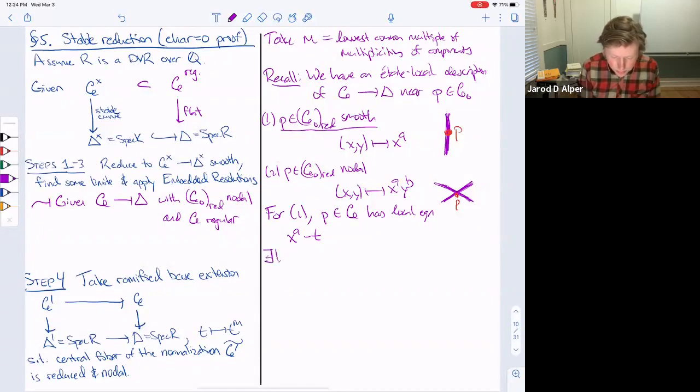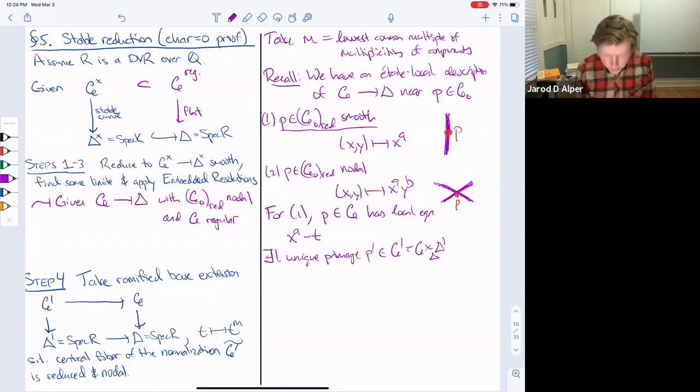And there exists a unique preimage P prime in C prime, which was C cross delta over delta prime. And this has a local equation given by x to the A. We substitute in t to the m, because that was our base change. And the point is that we took m large enough such that A divides it.